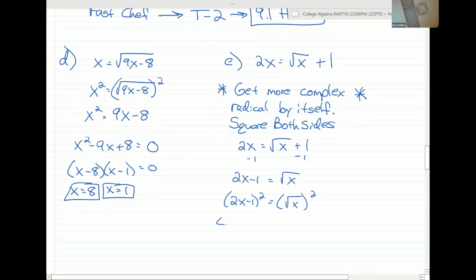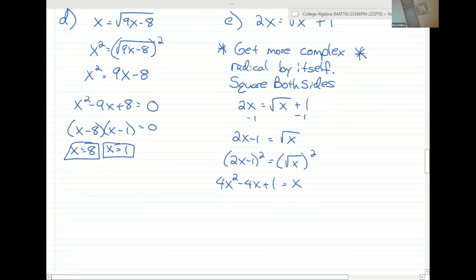You square this side, you'll get 4x squared minus 4x plus 1, and this will just be x. Bring the x over, we get 4x squared minus 5x plus 1 is 0.